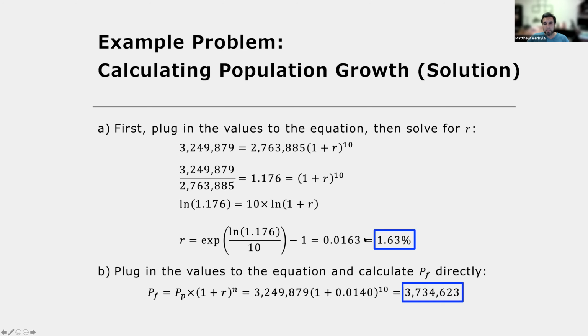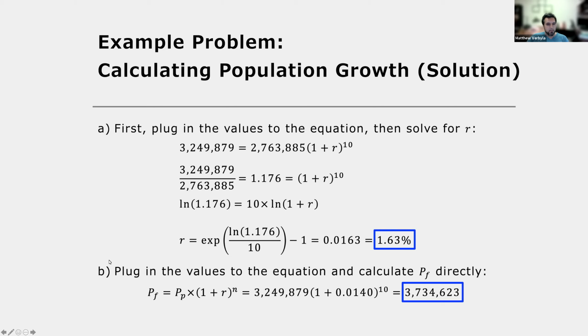So in order to express that as a percentage, we multiply it by 100 and we put the percent symbol behind it. So the growth rate between 2010 and 2020 in the state of Utah was 1.63%. All right, so that's part A of our example problem.